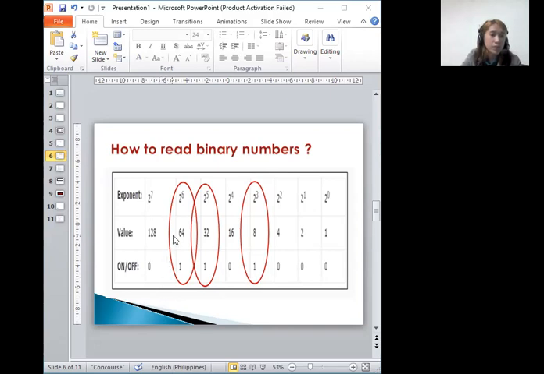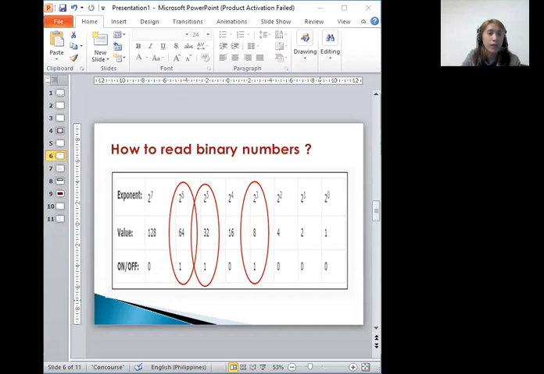So as you can see, we're going to add the 64 plus 32 plus 8. And 64 plus 32 plus 8, we're going to have the sum of 104. So 104 is the decimal equivalent of the binary number 01101000. Again, 104 is the answer.